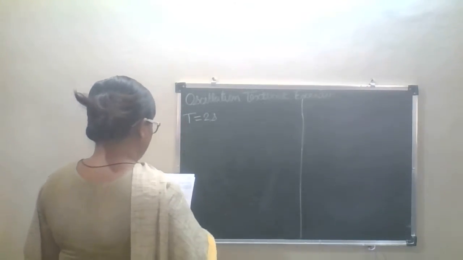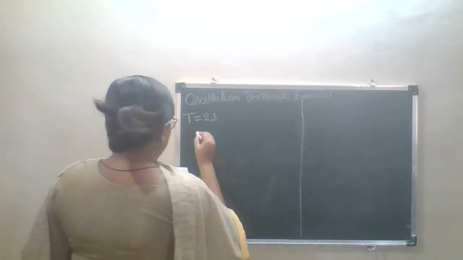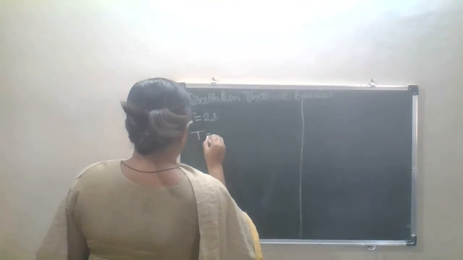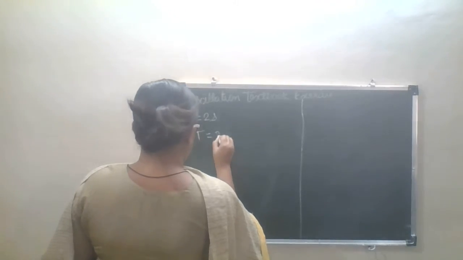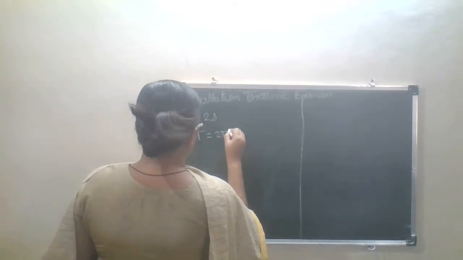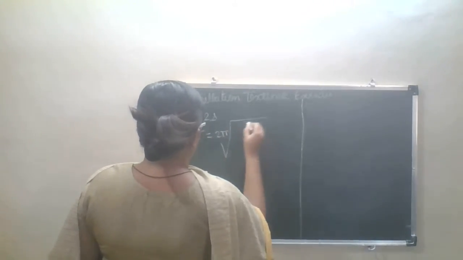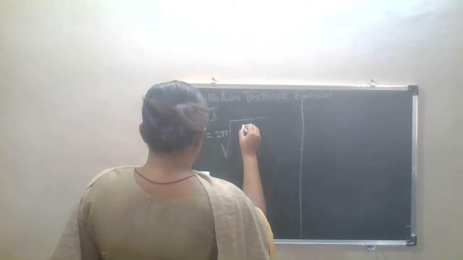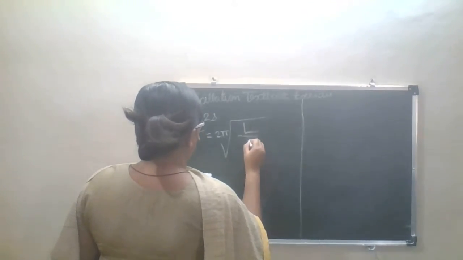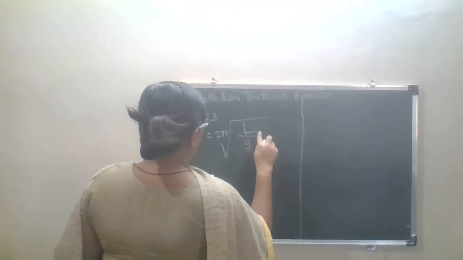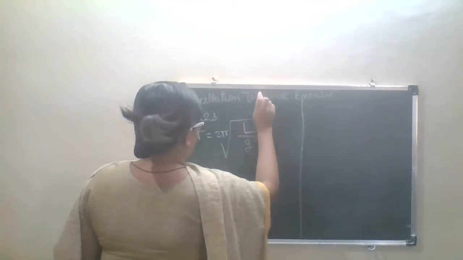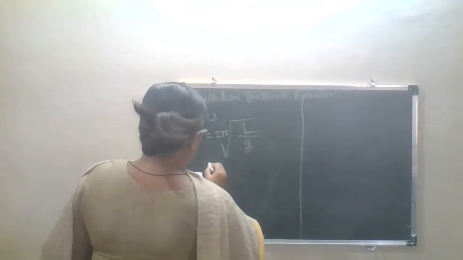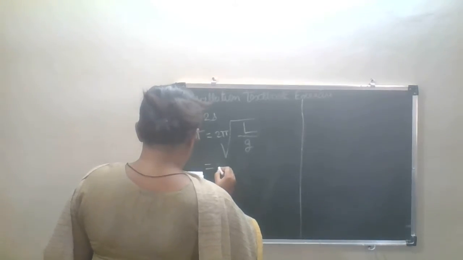Now we will write the formula, T is equal to 2 pi. You read out the question, then you will get it. What we have to find, we will see that. So read the question first. I am writing the solution.